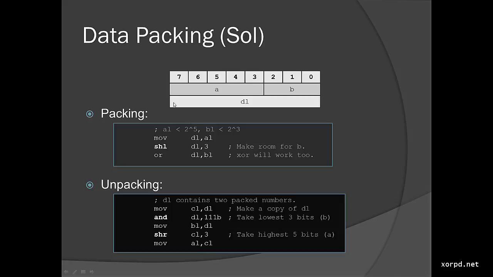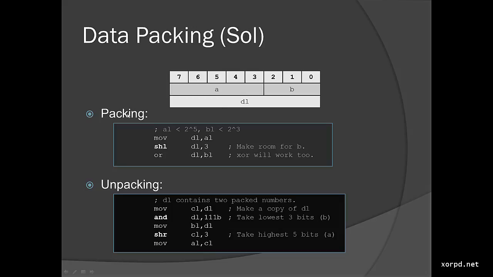The structure that we design is something like this. This is the DL register, which is of size 8 bits, and we want to pack A and B. We just choose the order arbitrarily. We choose that B will reside in the lowest 3 bits, and A will reside in the highest 5 bits. We could swap it if we wanted. This is pretty much an arbitrary decision.